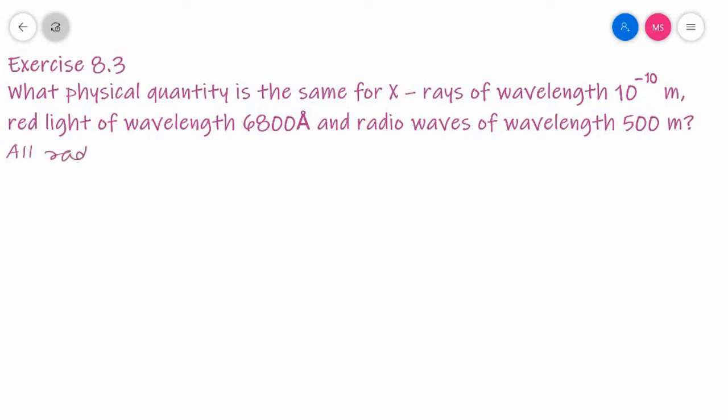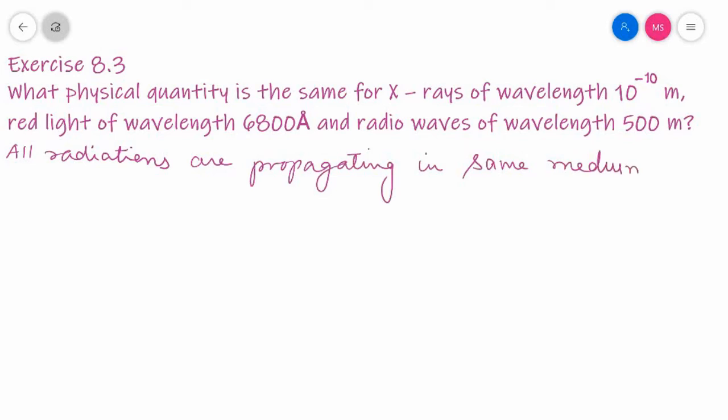All radiations are propagating in same medium, or it should be given that all the radiations are propagating in vacuum. So for all the radiations, their speed in a medium will always be constant.